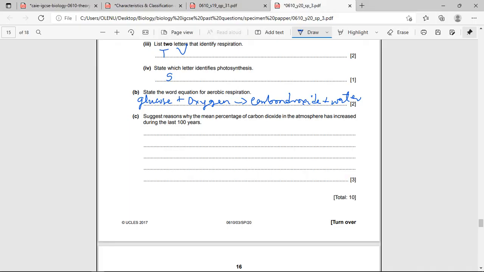Now, suggest reasons why the mean percentage of carbon dioxide in the atmosphere has increased during the last 100 years. This is quite simple. Some of the reasons are deforestation due to increase in human population, so then there is need for more houses, so they clear forests. There have also been more combustions of fossil fuels, basically for industries and electricity generation.